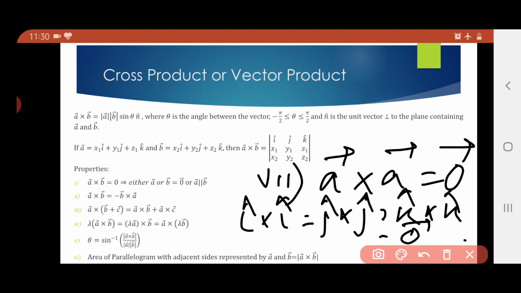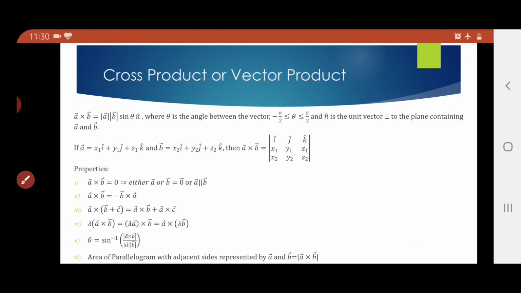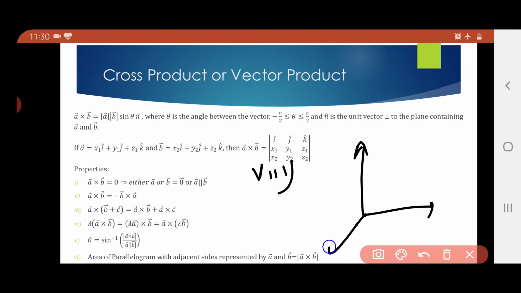Right? And then after this, property number 8, I missed this one as well. Now if I have the coordinate axes something like this, where this is your i cap, this is your j cap, and this is your k cap, the 3 coordinate axes, then i cross j will be k, j cross k will be i, and k cross i will be j.